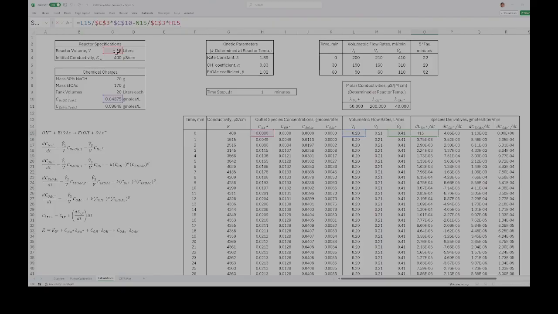I'm going to divide by my reactor volume and multiply it by the stock concentration of sodium hydroxide. Leaving is V dot 3 divided by my reactor volume and multiplied by the sodium ion concentration in the vessel.